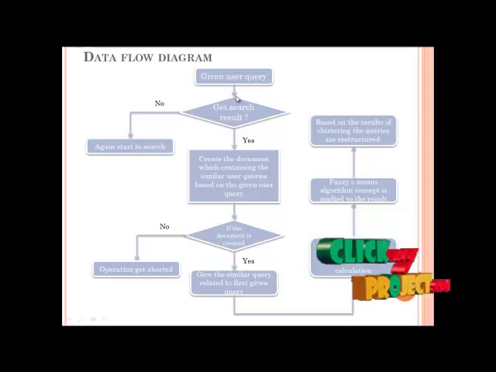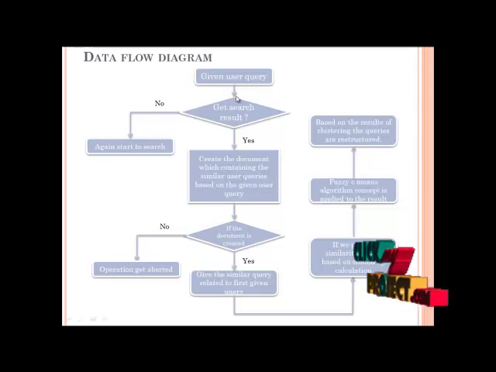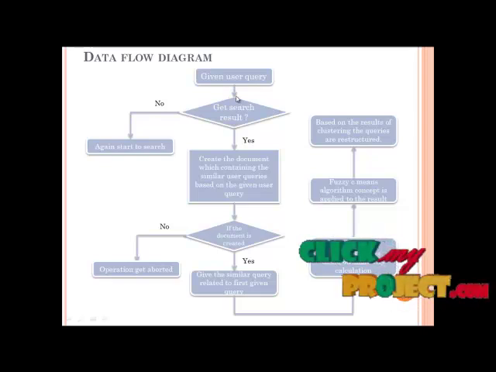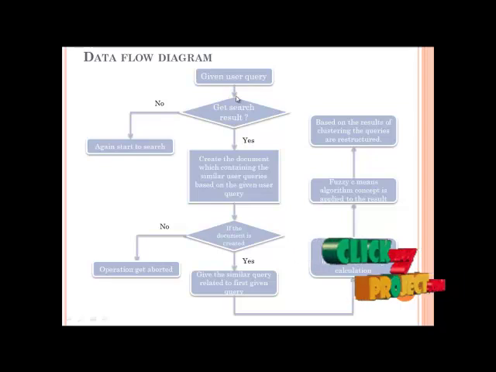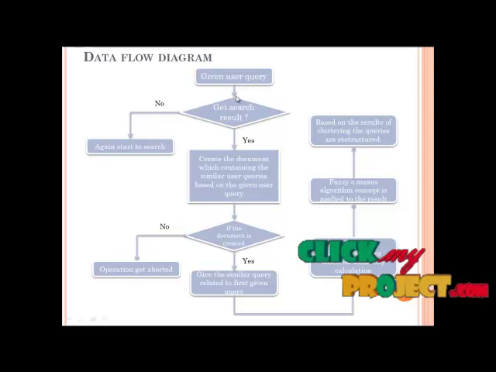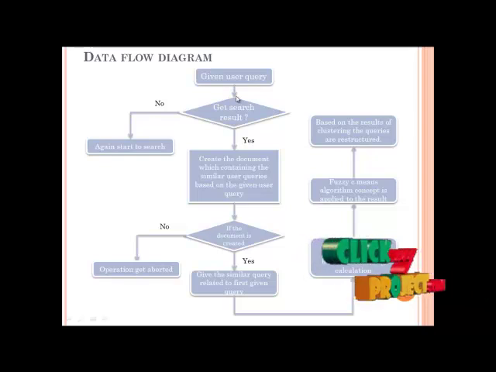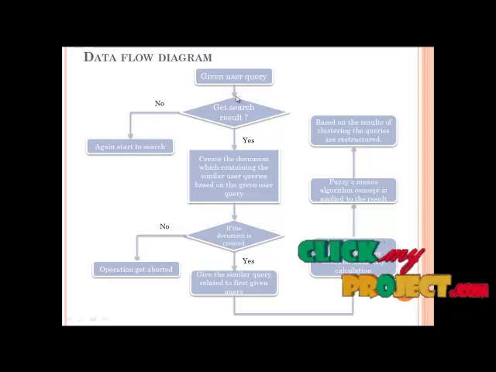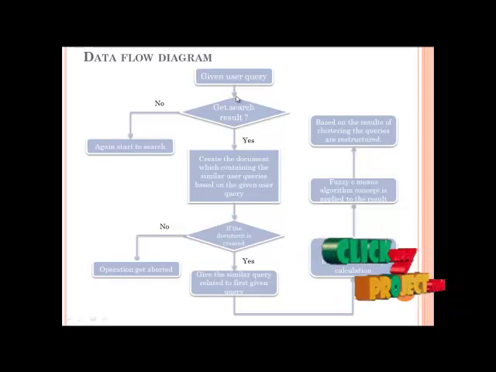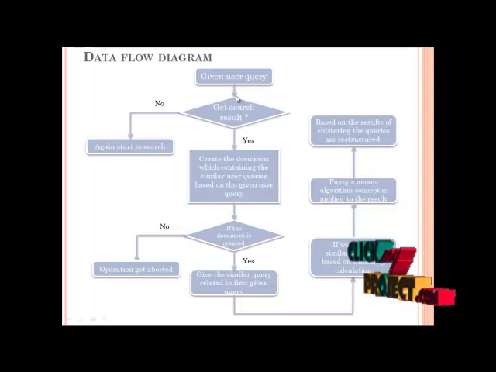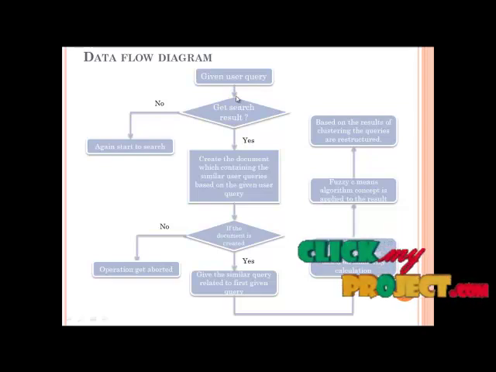Then we are going to apply the fuzzy sequence algorithm for clustering. After that, based on the cluster, we restructure the query list. Finally, we rerank the search result. If the user again searches with the same query, the restructured result will be shown. Like this, we attain the user search goal with a feedback session.